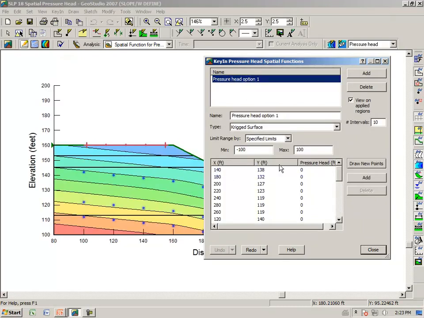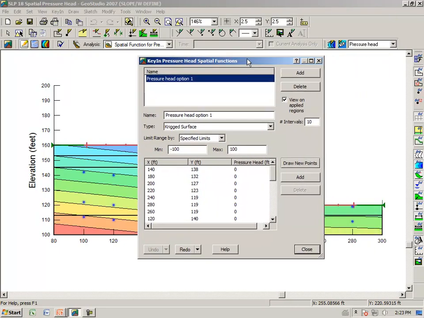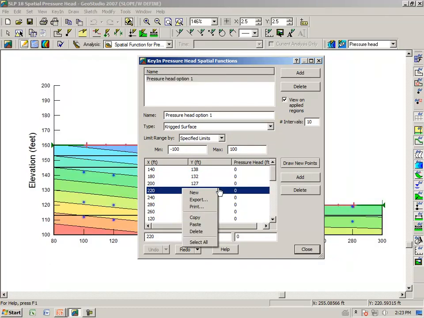So I won't spend a great deal more time on this here because it is so similar to what we did when we looked at undrained shear strength distribution on a spatial basis. The data could be imported from another spreadsheet, for example, or it can be entered directly in these edit boxes here.